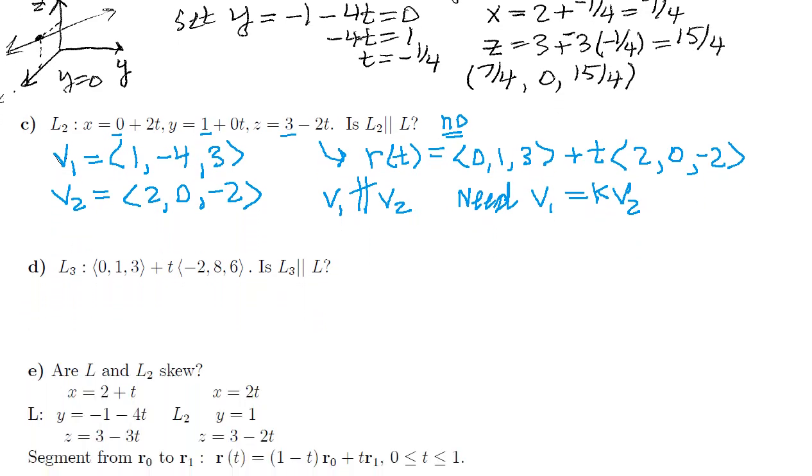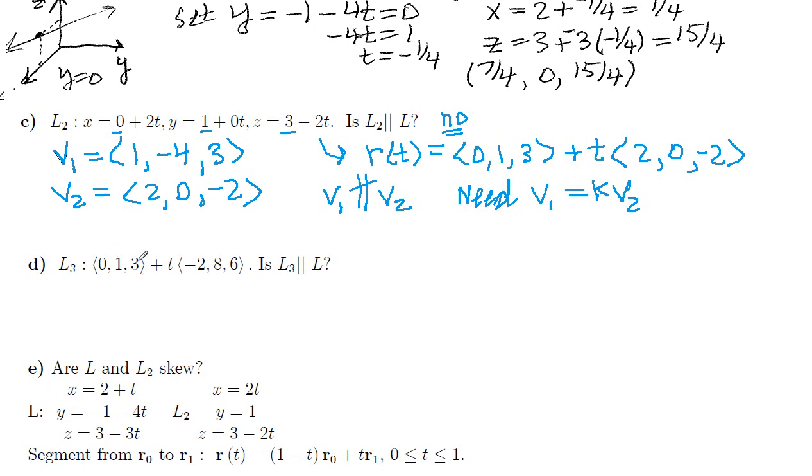Here's a line L3. It's (0, 1, 3) plus t times (-2, 8, 6). Is L3 parallel to our original line? Well, our direction vector, V3, these are vectors with arrows on them, is going to be right here: (-2, 8, 6). Now we want to compare that to (1, -4, -3). To get from 1 to -2, you'd have to multiply by -2.